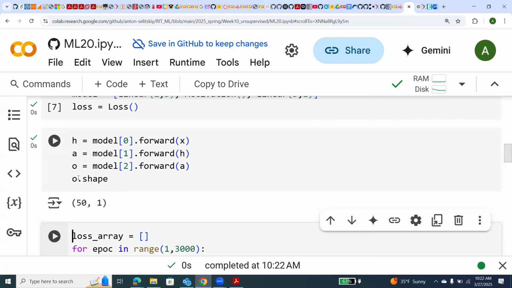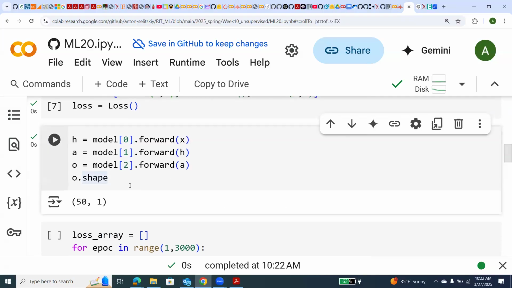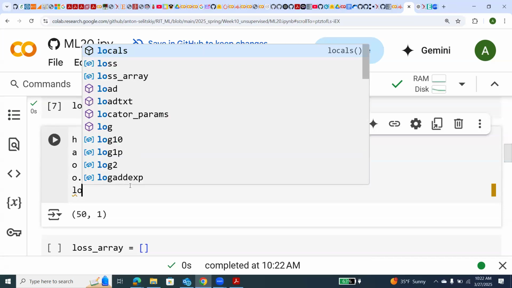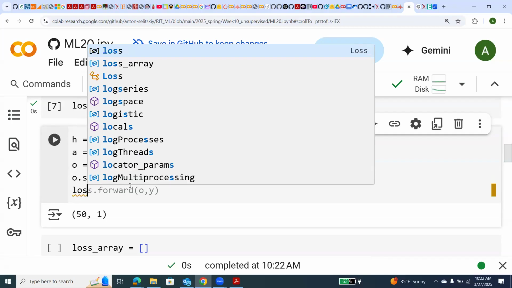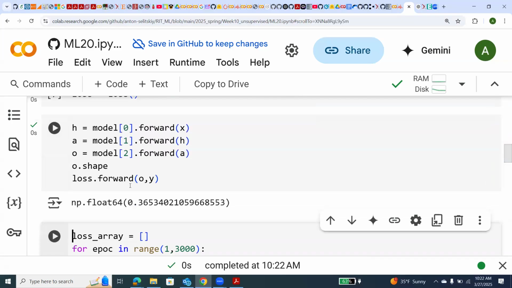And after that, I can calculate the loss between O and Y. And I will get some number, which is MSE. MSE between prediction from our neural network and the target.